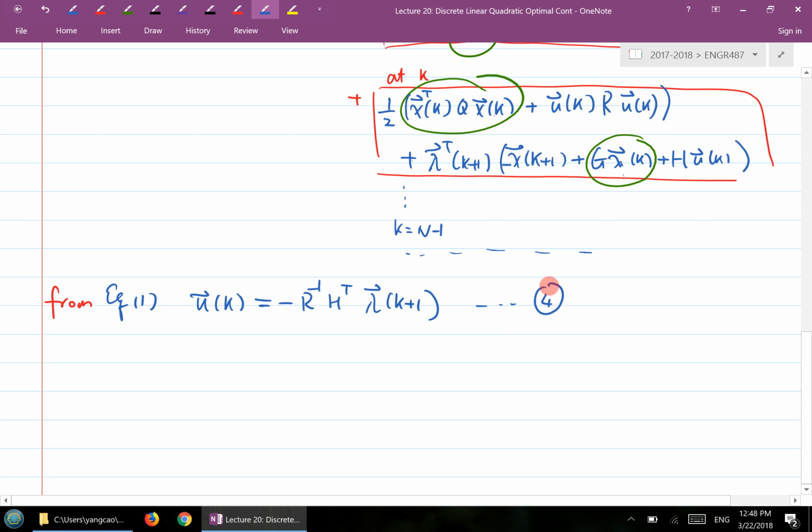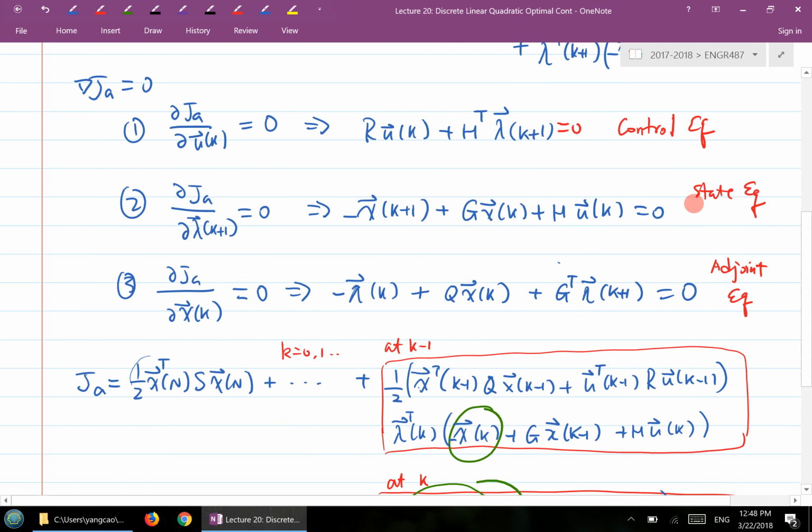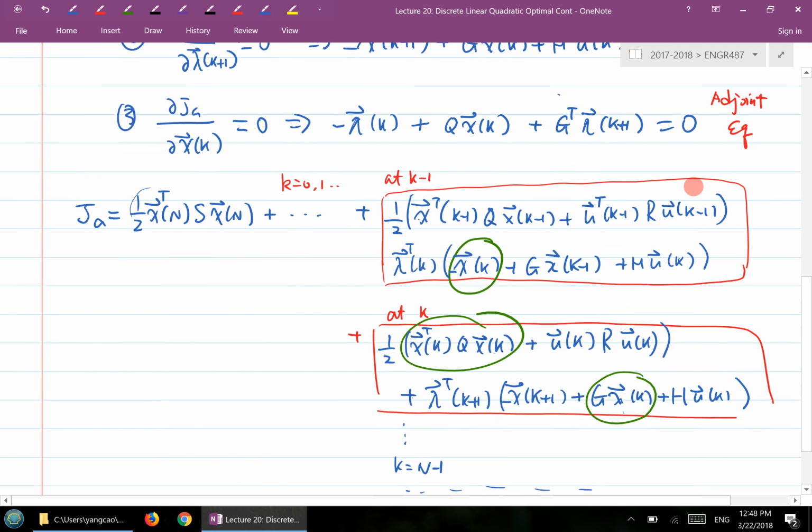Sorry, just on your equation 3 there, you have that Q times x of k, but in the term it's x transpose k Q times x. That's right. So when you take the derivatives, that's right. So basically here is the general rule.